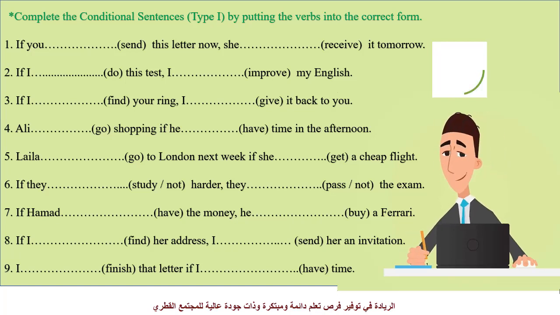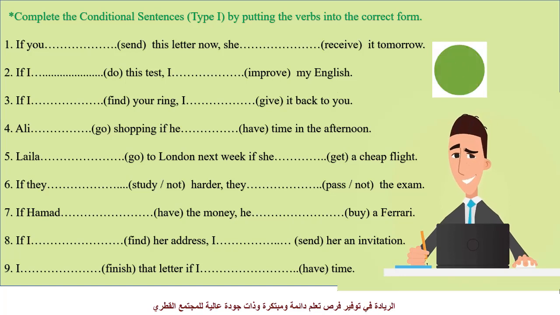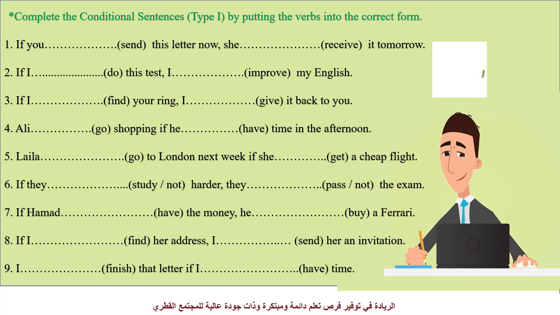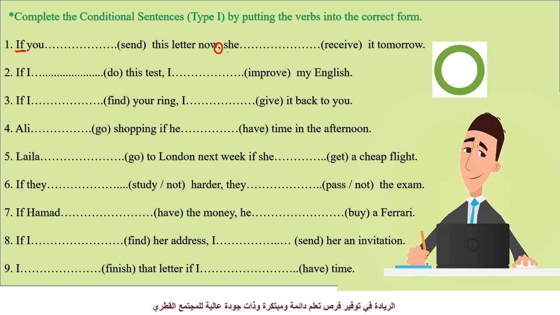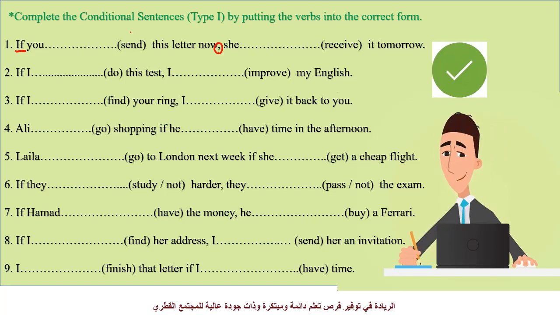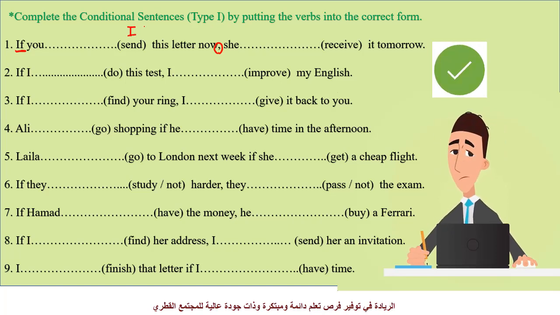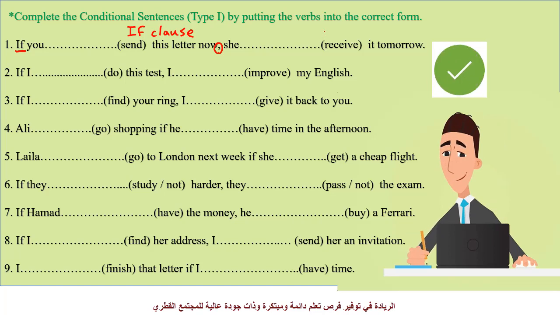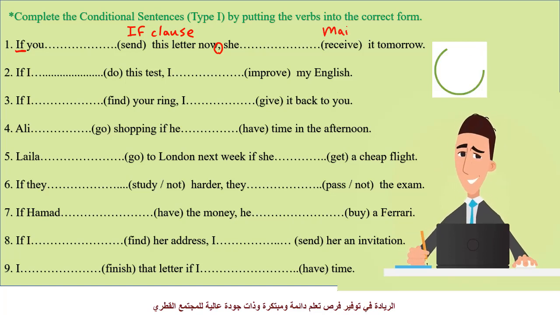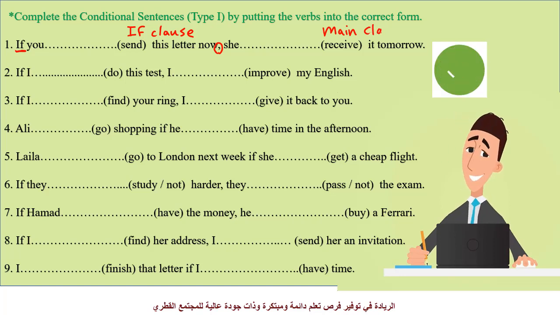The first thing that we have to do is to know where is the if clause and where is the main clause in order to answer these questions. Here we have the if and there is the comma. It's okay here, which tells us that this clause is the if clause and the other clause is the main clause.